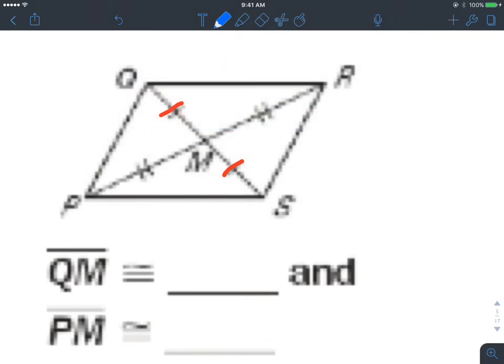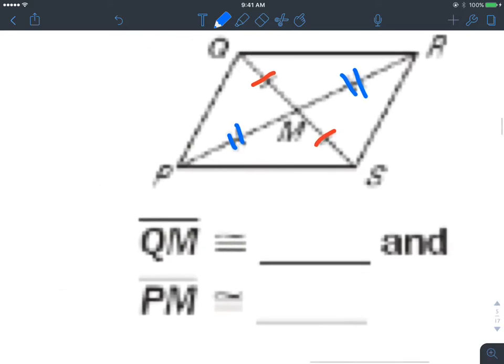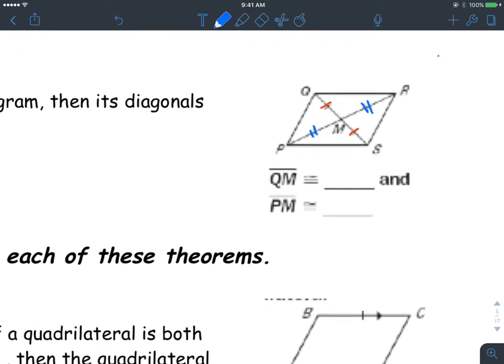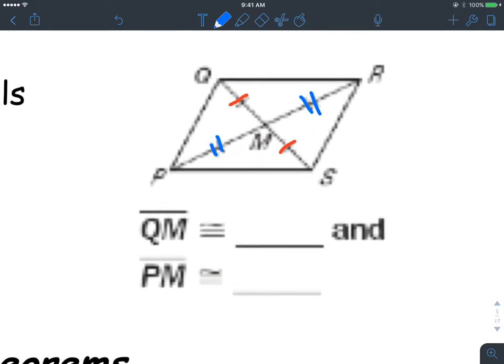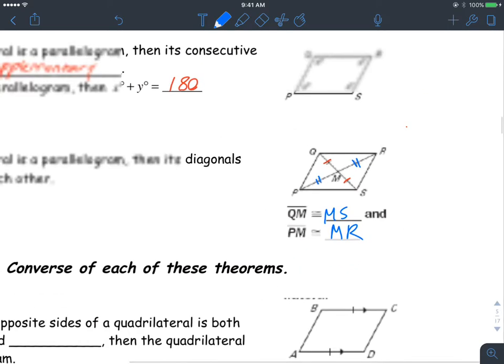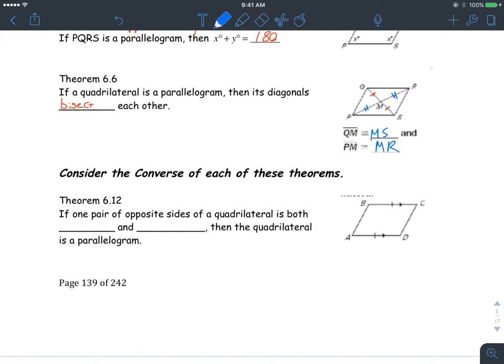This part of your diagonal, PM, is congruent to MR. So those little pieces are congruent to one another. So we'll fill that out here where we have QM, MS, PM, and MR. And there you go.